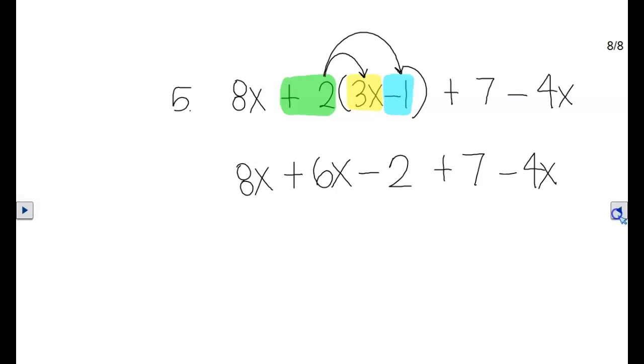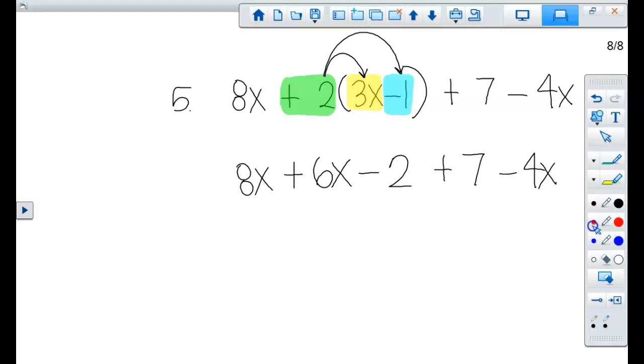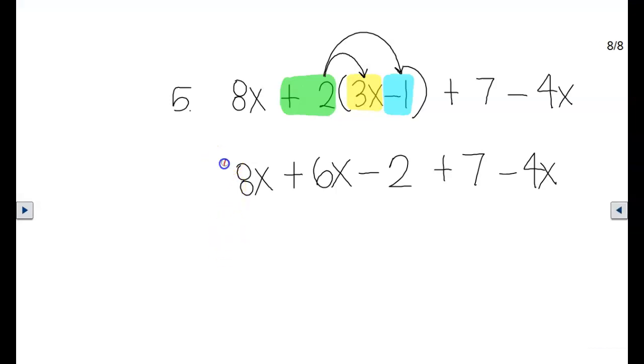Okay, now we've distributed. Now it's time to combine like terms if necessary. So let's see if it's necessary. Let's start with term number 1. Term number 1 is 8x. Look at just the variable part. What is it? The variable part is just an x. No more, just an x.